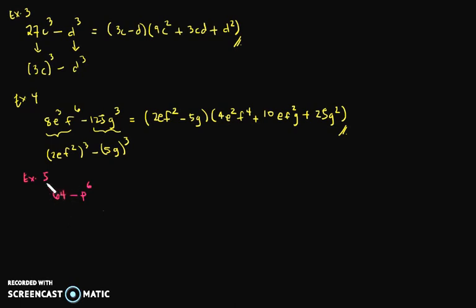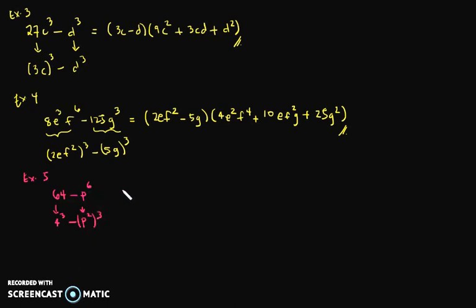Okay, so for the first approach, we have using the difference of two cubes. So I will let 64 be represented as its cube. So that would be 4 cubed minus p squared raised to 3.